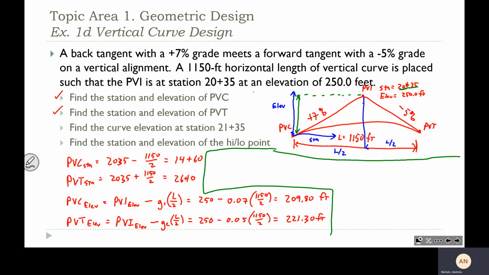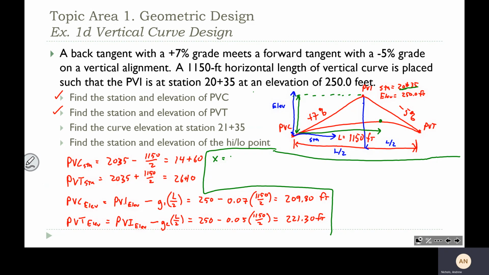So the x value that we plug in, we need to find x. We don't plug in 2135 because we're not 2,135 feet from the beginning of the curve, because the station of the beginning of the curve, we just calculated as 14 plus 60. So if this is the point we're trying to find, we only want to know this horizontal distance over to that point.